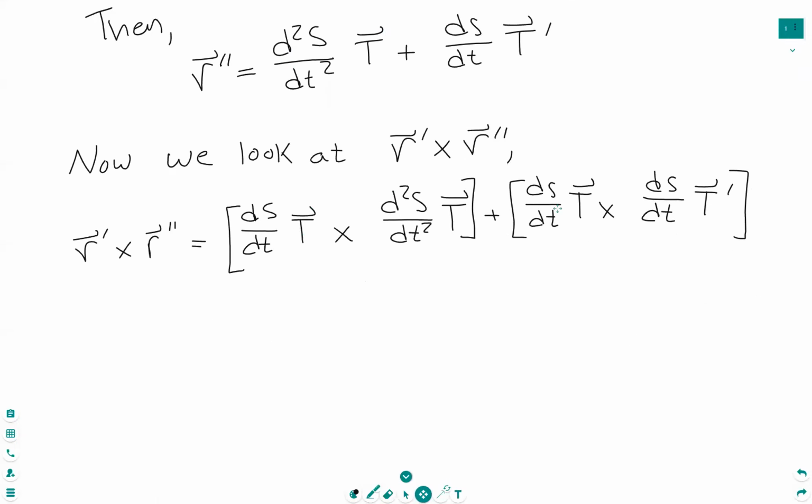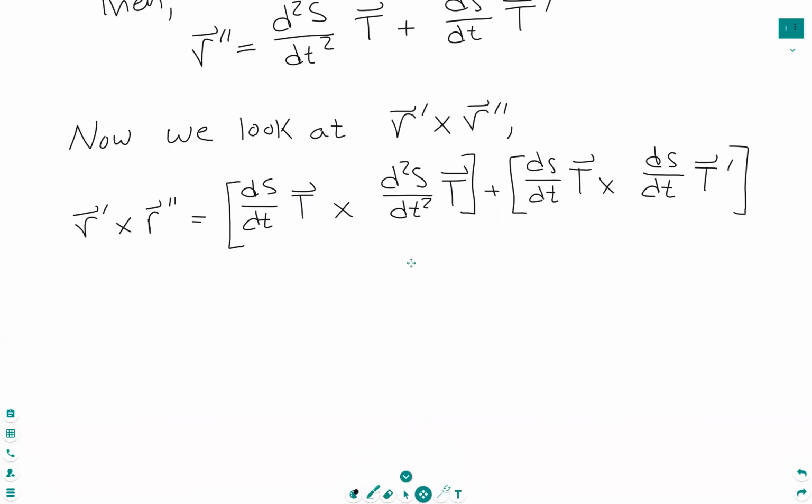Okay, so now let's look at these individually. We look at this first grouping and we notice that we have a scalar function out in front of this T, as well as another scalar function in front of this vector function T as well. So these scalar functions scale the magnitude of each term, but the direction itself will always remain the same. They're always pointed in the T direction. And now I'm taking their cross product.